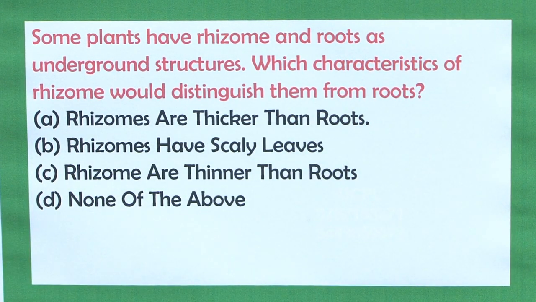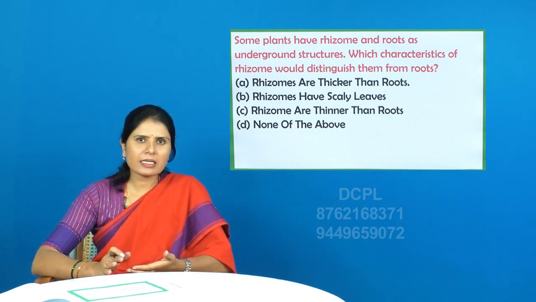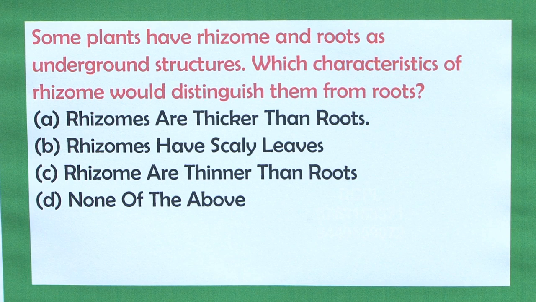So, option A, rhizomes are thicker than the roots, or rhizomes are thinner than the roots, doesn't make any sense in this question, but rhizomes having scaly leaves differentiates them from the root. Rhizome is a modification of a stem. So, the stem has scaly leaves. That is the character which differentiates the stem modification from the root.